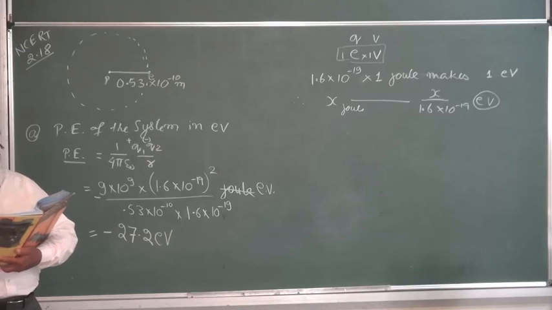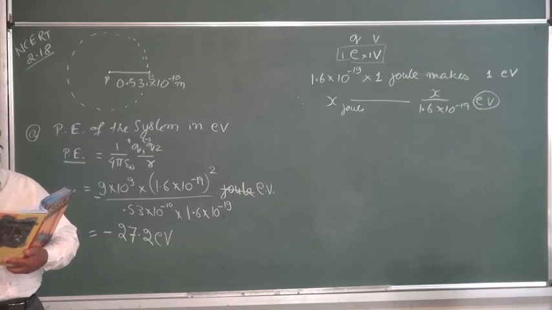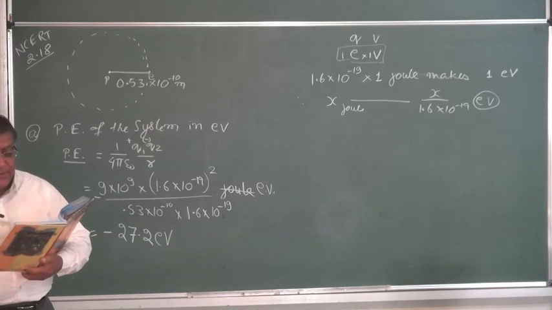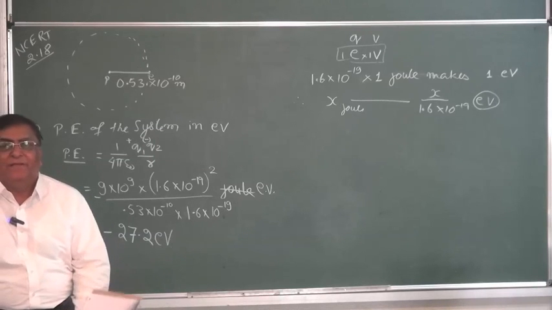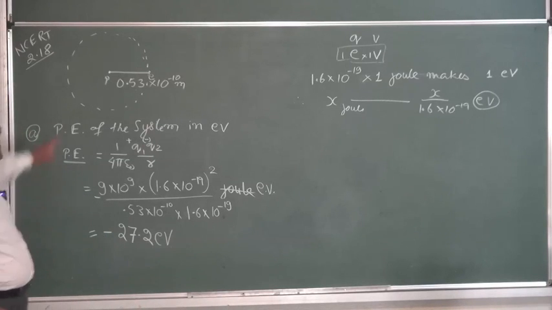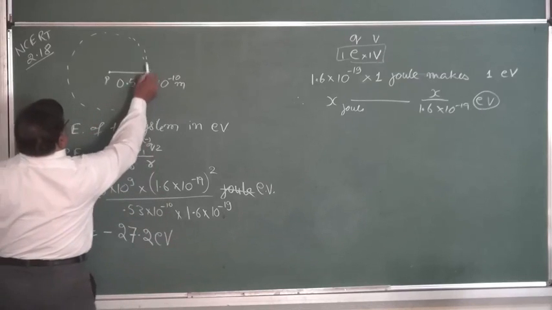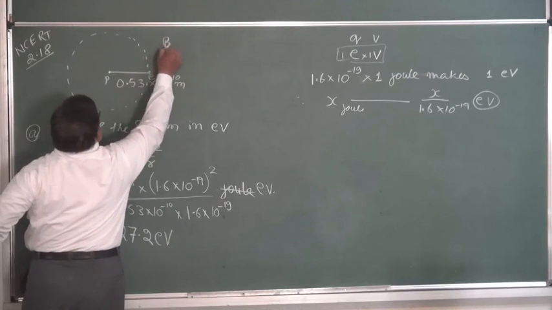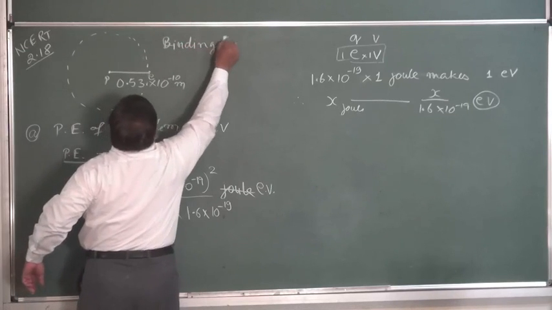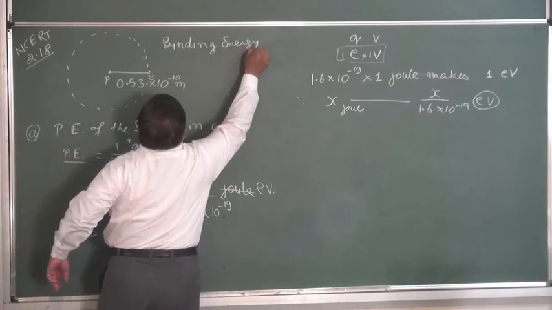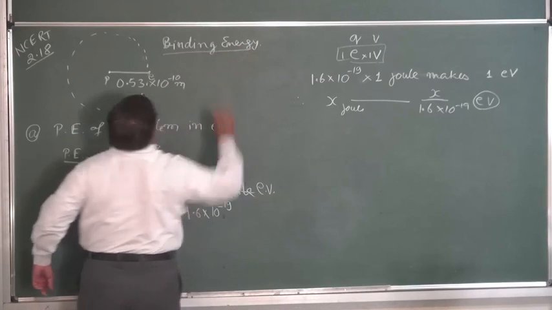Now part B, it says what is the minimum work required to free the electron, given that its kinetic energy in the orbit is half the magnitude of potential energy obtained in this. This electron which is rotating here has some binding energy.